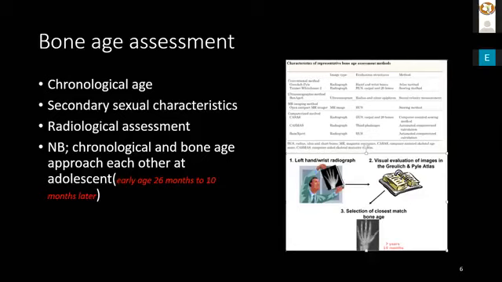Now, in Blount's disease, they are a little bit advanced in age, that is their skeletal maturity is advanced by almost 2 years. But this advancement usually approaches the normal towards the adolescent age group.